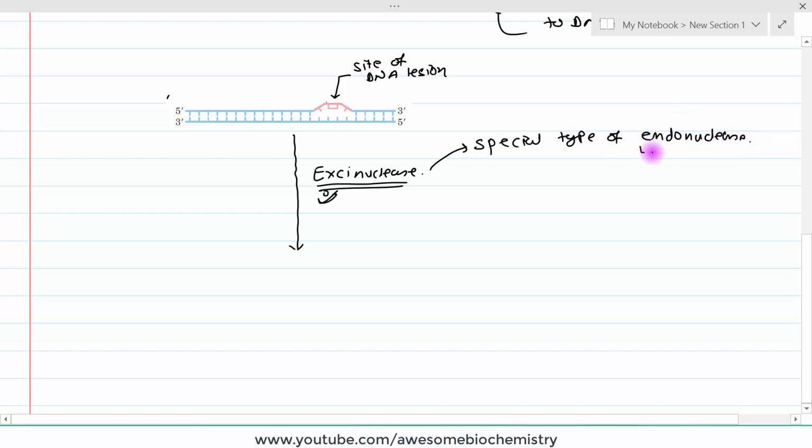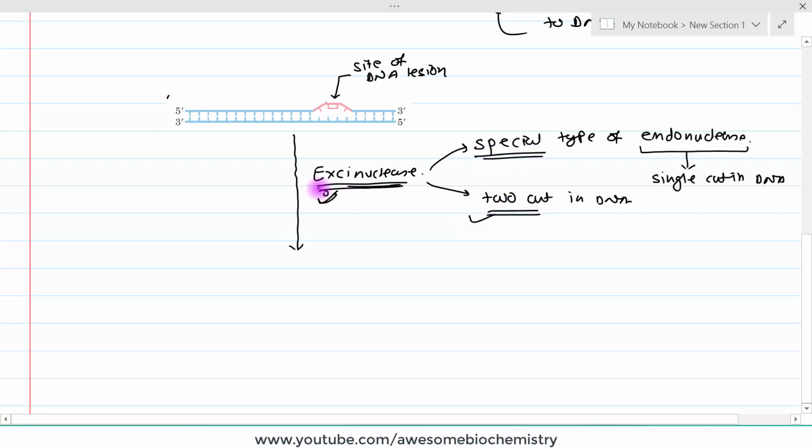We know that our routine or general endonuclease puts only a single cut in the DNA, right? Whereas this excinuclease puts two cuts, or a double cut, in the DNA, and this makes it a special type.